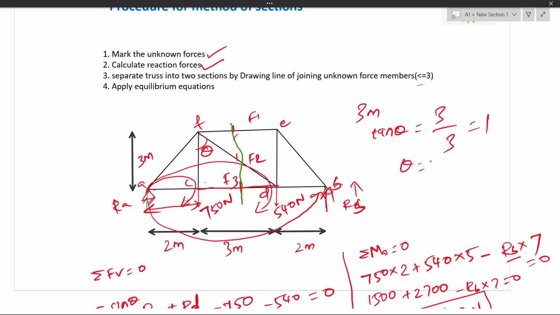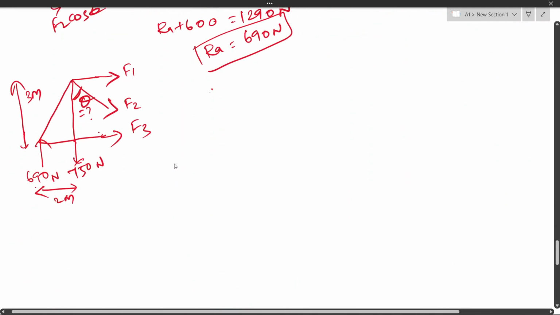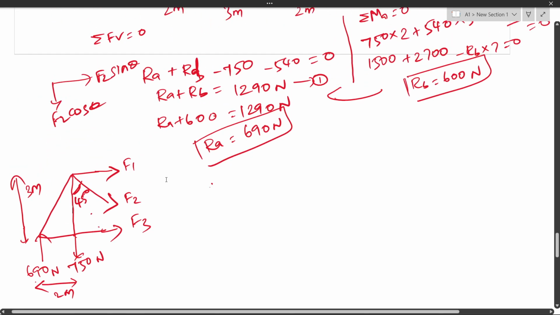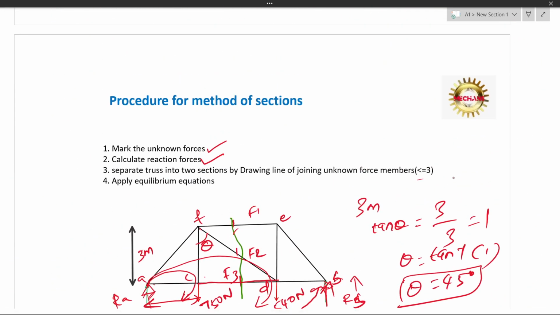So theta is tan inverse 1, the value is 45 degrees.